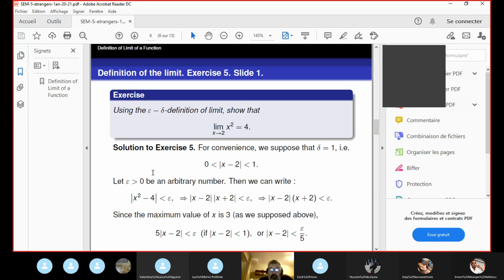Agree? Yes. So you see, we consider the inequality absolute value of x minus 2 is less than 1. Then we can open the absolute value and we will have that x is between 1 and 3. Yes?